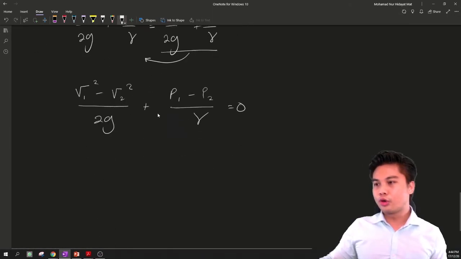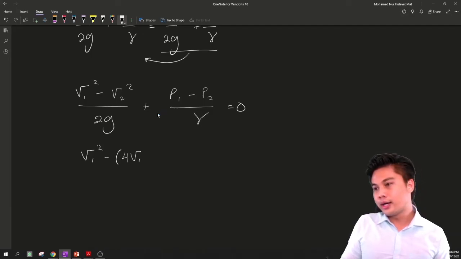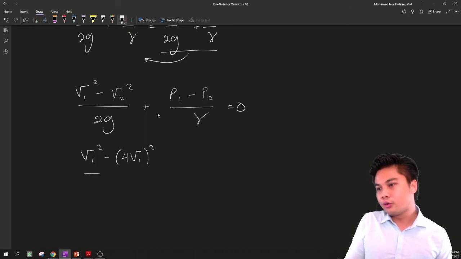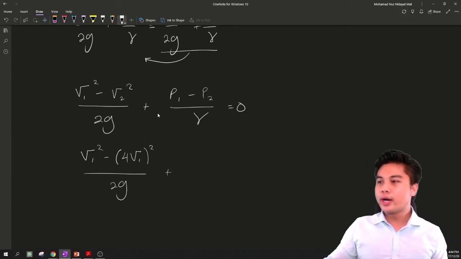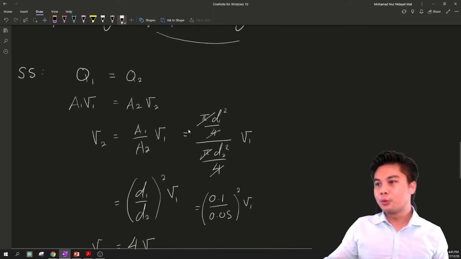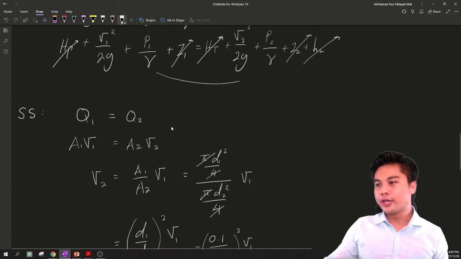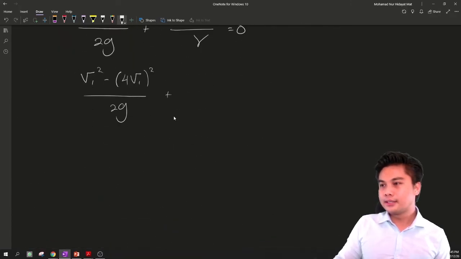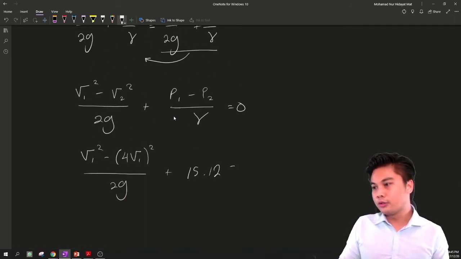V2 equals 4V1. So V1 squared minus 4V1 squared over 2g plus P1 minus P2 over gamma, which we found previously is 15.12, equal to 0.